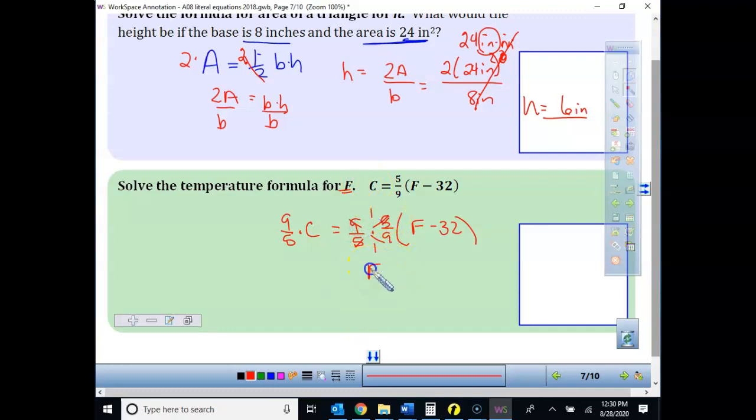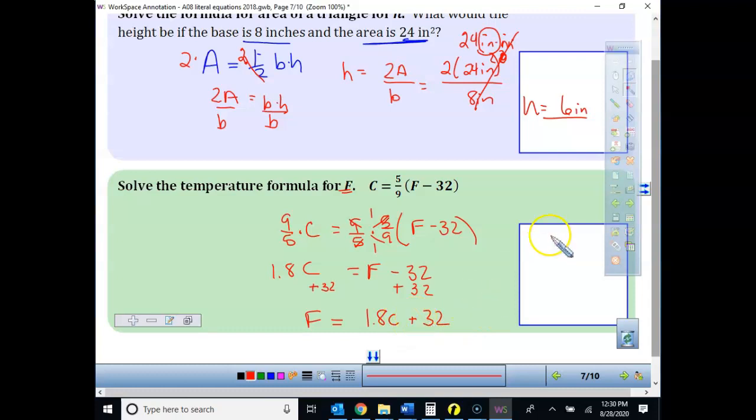So on this side I am left with F minus 32 is equal to, and sometimes that 9/5, people are going to write that as 1.8C because it's a terminating decimal. Okay, I now want to still get F by itself, so I am going to add 32. Now again, these are not like terms, so F is going to equal, I like to put my Fahrenheit first, what I'm solving for, 1.8C plus 32.